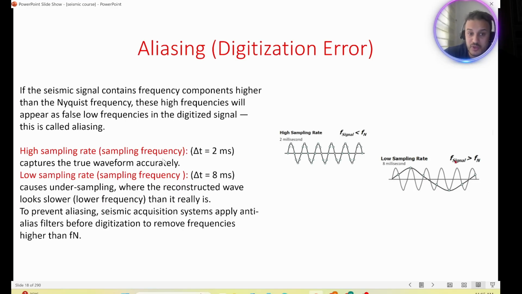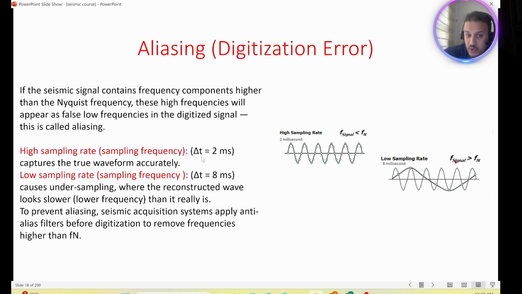We have a high sampling rate, a high sampling frequency. If the sampling frequency is high, delta T, for example, is very low, and this captures the true waveform accurately. With a high sampling rate, the frequency component is less than the Nyquist frequency, and you will cover all the signal.